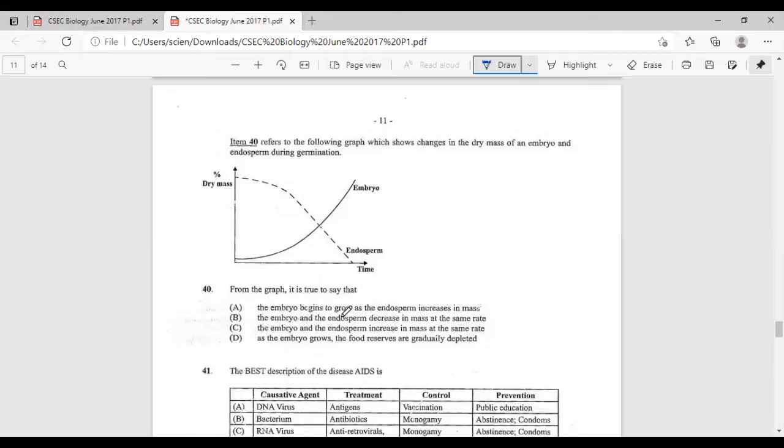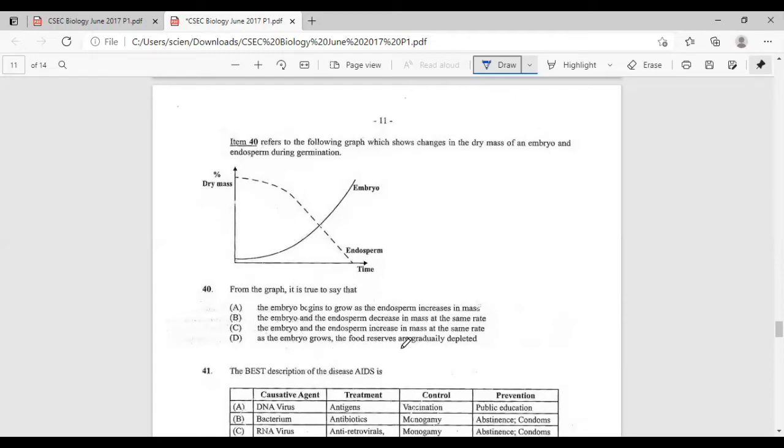B, the embryo and the endosperm decrease in mass at the same time, or same rate rather, no, that doesn't happen. C, the embryo and the endosperm increase in mass at the same time. No, that does not happen. And then D, as the embryo grows, the food reserve is gradually depleted.